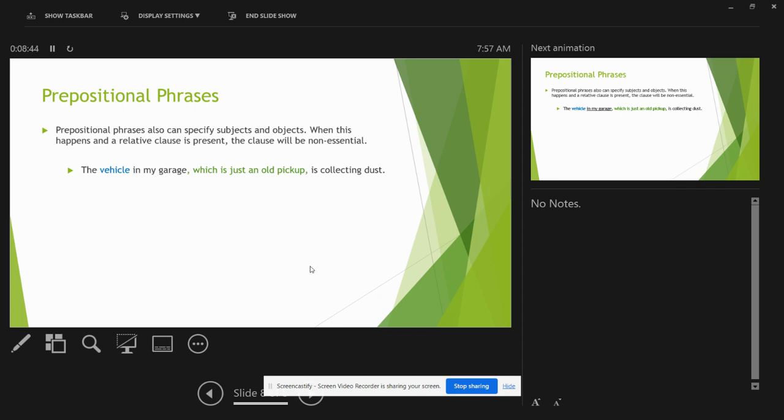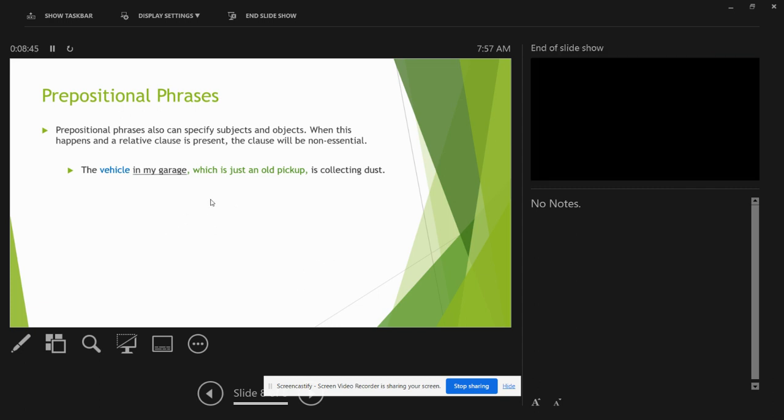Okay, so in this example, we have a prepositional phrase there. And that prepositional phrase is specifying the vehicle. Of all the vehicles in all the world, which one am I talking about? Well, I'm talking about the vehicle in my garage. So that phrase is identifying, specifying vehicle. So now our clause, and again, look at the word "which." What is that word representing?